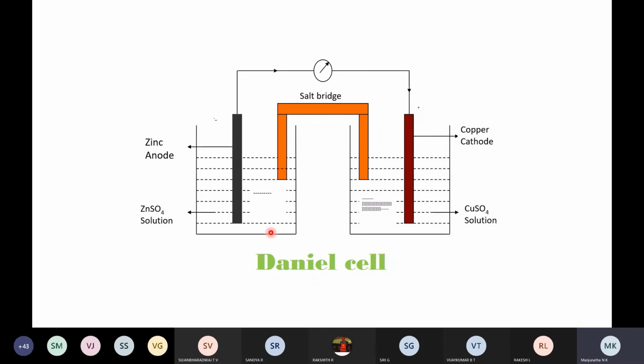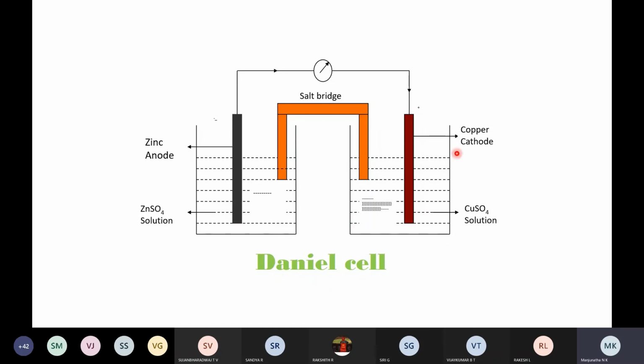Coming to the first one, the left hand side container consists of one zinc electrode or zinc rod which is immersed in a zinc sulfate solution. See, this is the zinc electrode or zinc rod, and it is immersed in zinc sulfate solution. This is the zinc sulfate solution, in the left hand side container.